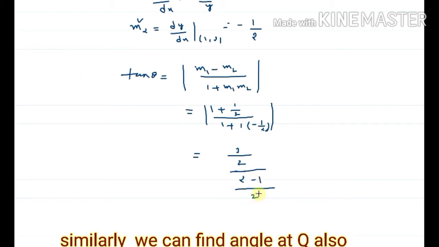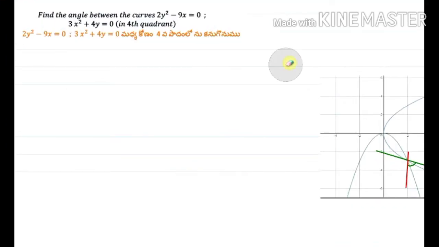Again 2 gets cancelled. So overall I will get 3 by 2 minus 1 is 1. Tan theta is equal to 3. Theta is equal to tan inverse of 3. So this is the angle between the two curves.